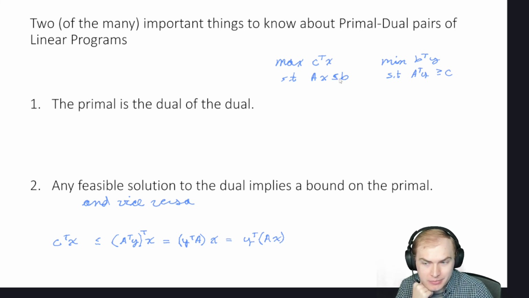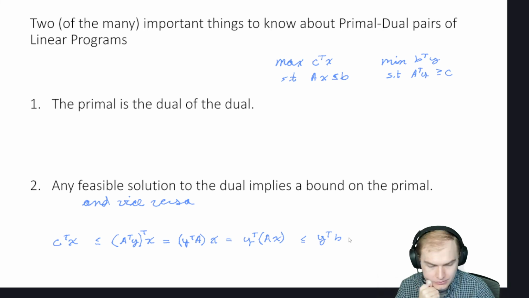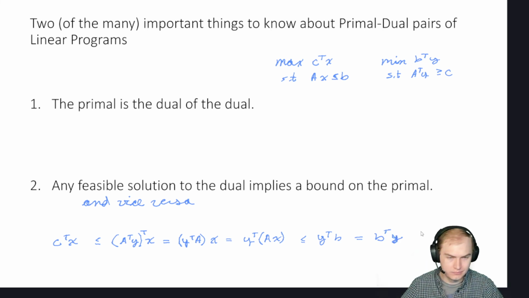AX is less than or equal to B from our primal problem. So we get Y transpose B, which is the same as B transpose Y, which is the objective function of the primal.